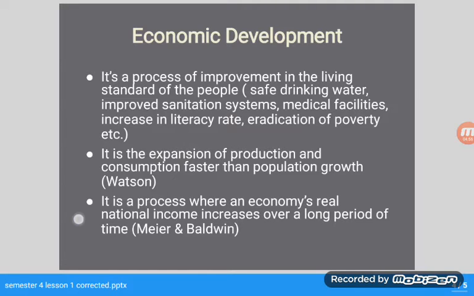So, real again over here means that the effects of inflation have been removed, they are measured at constant prices, and the period is long enough. It should not be over short periods of time. If your real GDP increases for a long period of time, it is called economic development.